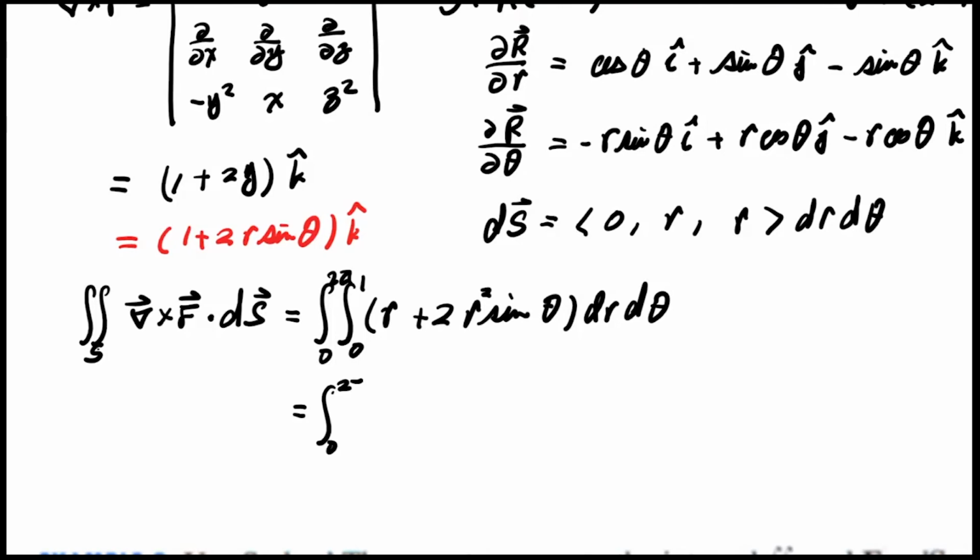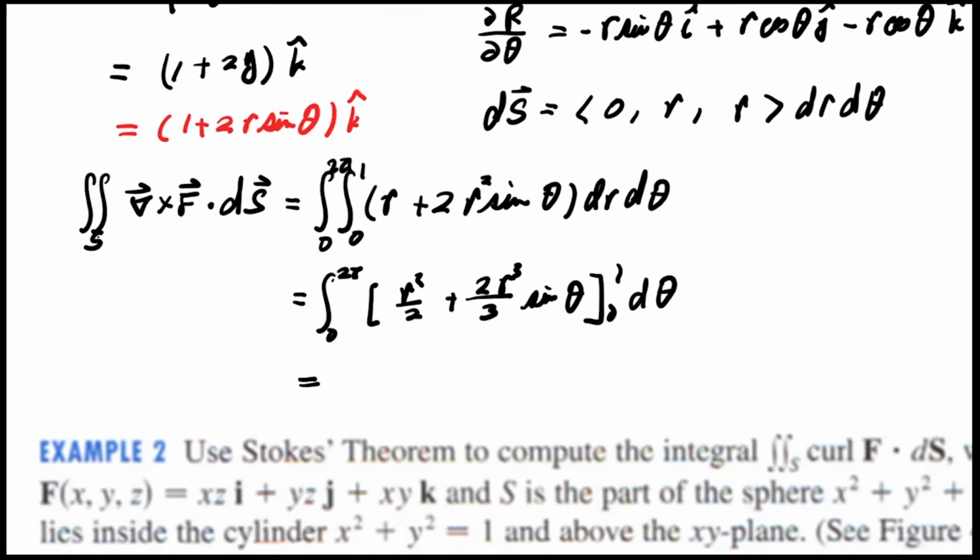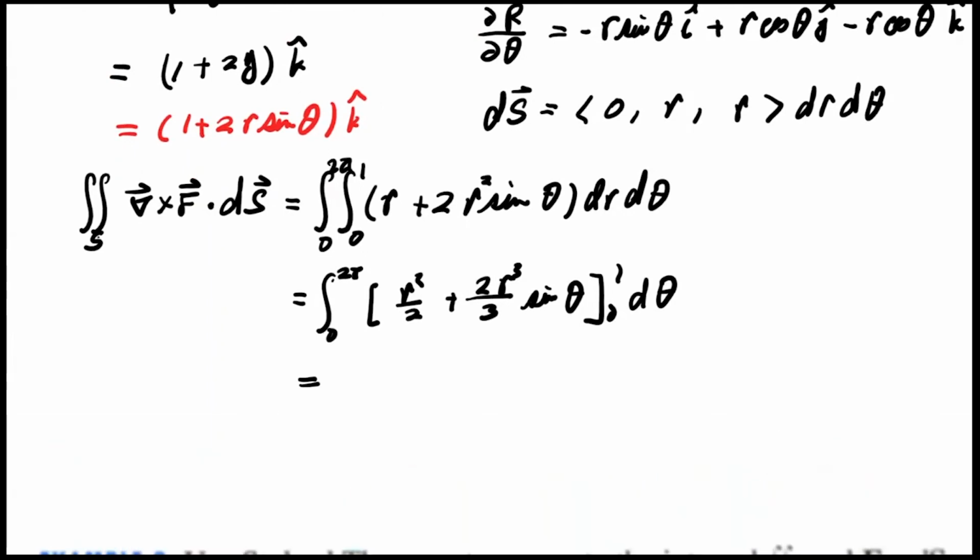So 0 to 2 pi of r squared over 2 plus 2r cubed over 3 sine theta, from 0 to 1, d theta. With me? So that's 0 to 2 pi of 1/2 plus 2/3 sine theta.